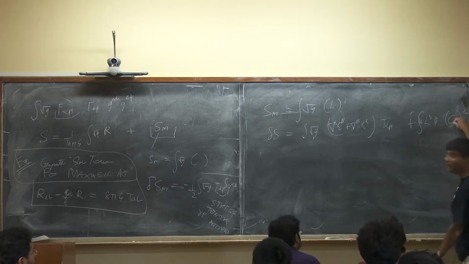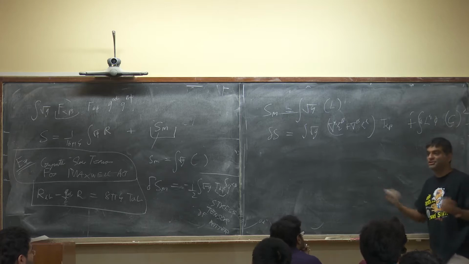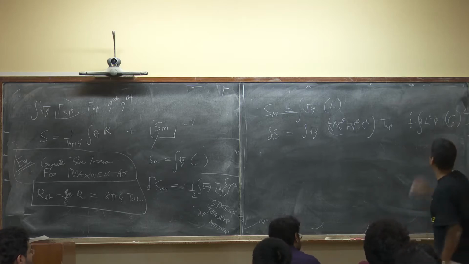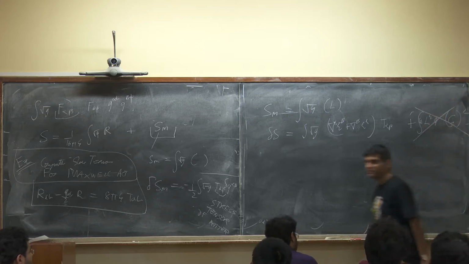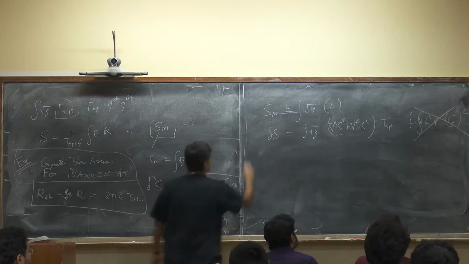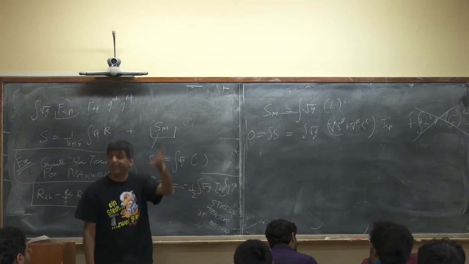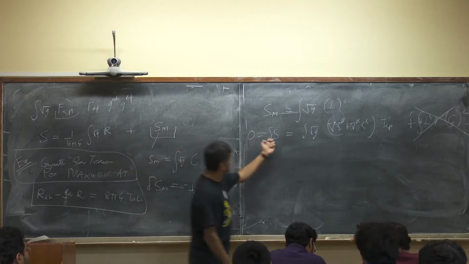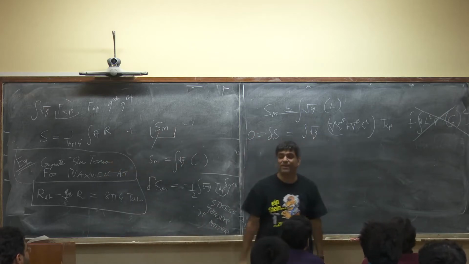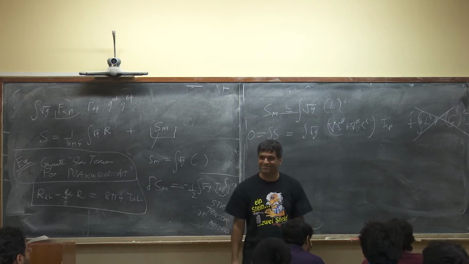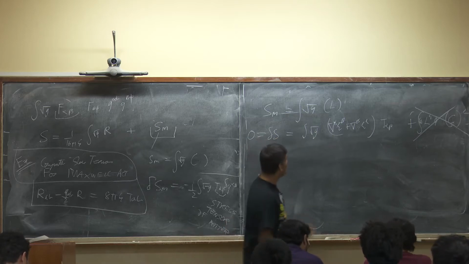But what do we know about this coefficient? It's 0, because the matter equations of motion are obeyed. So this is not there. So 0, the change in the action under coordinate transformation, is equal to delta S, is equal to this when the matter equations are obeyed. Okay?